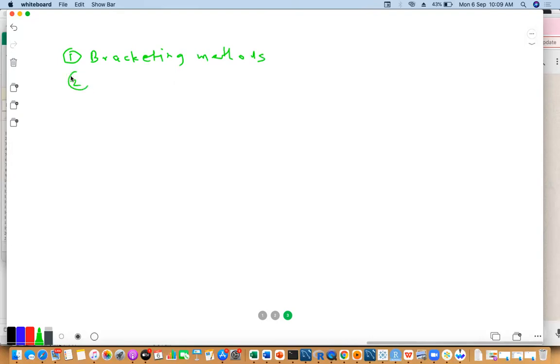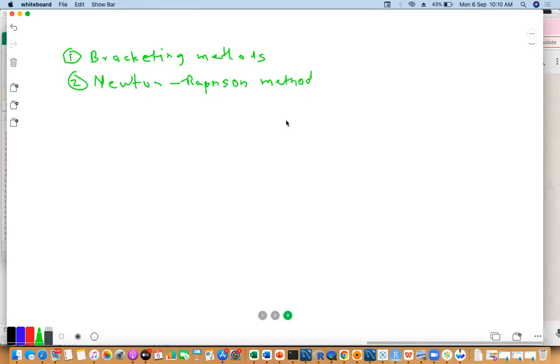And second is the Newton-Raphson method.